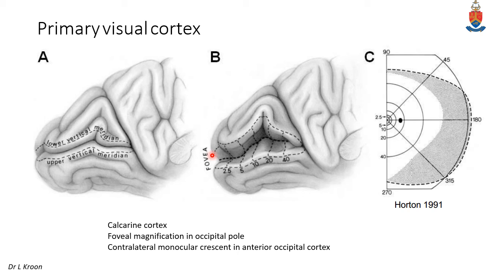You can see 2.5 degrees, 5 degrees, 10 degrees, 20 degrees, and so on. And this is taking over much of the primary visual cortex. There's also a contralateral monocular crescent in the anterior occipital cortex, and that is the portion of visual field which is temporal in the one eye only, as observed anteriorly in the contralateral occipital lobe.